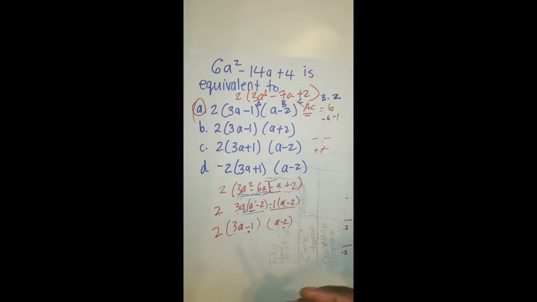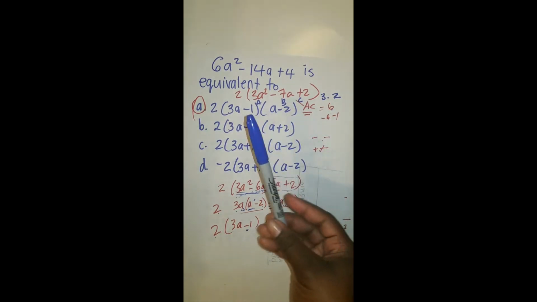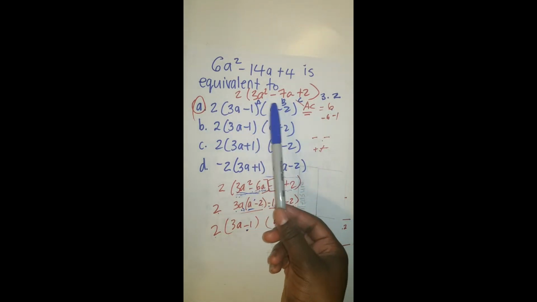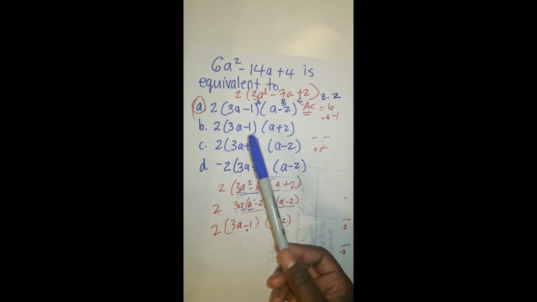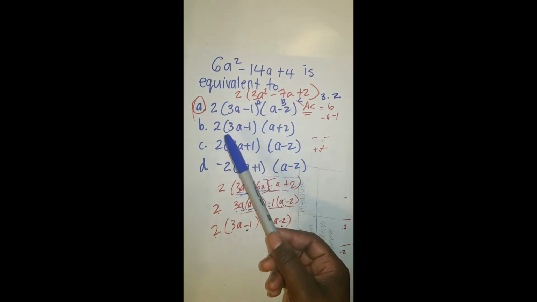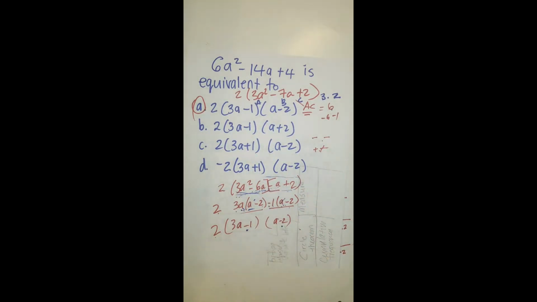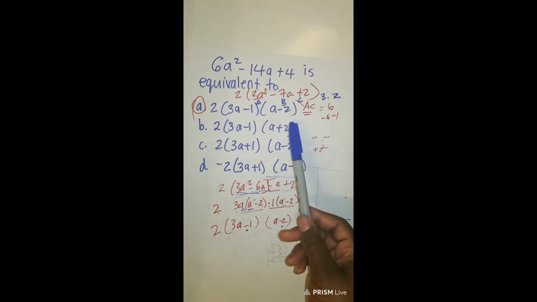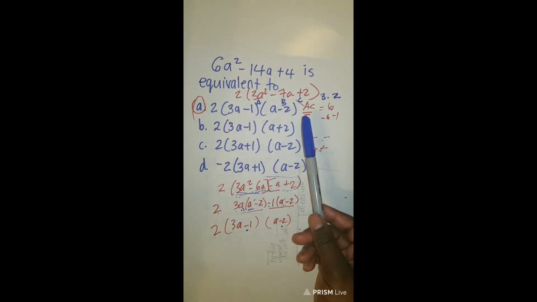What Natalie was saying is that even without going through all of these steps, we can observe the answers they gave us to see which would work and which wouldn't work. Since it's a positive 2, we know we need either 2 positive numbers or 2 negative numbers in the bracket. Alright?